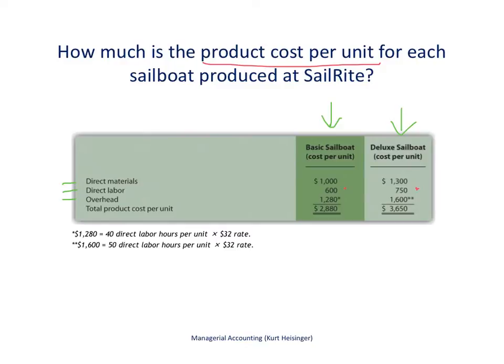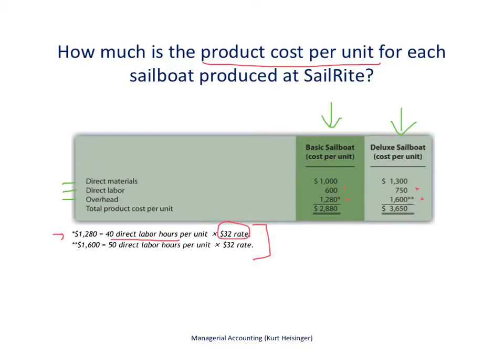And then the overhead, which again is the focus of what we're doing here, the overhead cost per unit works out to $1,280 for the basic sailboat and $1,600 for the deluxe sailboat. And you'll see in these footnotes down here exactly how those numbers are calculated. The $1,280 is calculated by taking the $32 per direct labor hour rate times the number of direct labor hours that are required to produce that particular boat or that product.